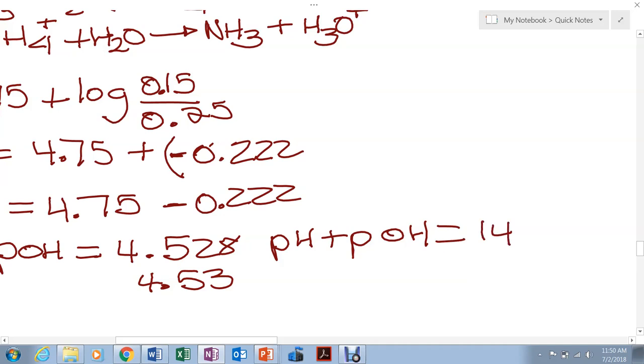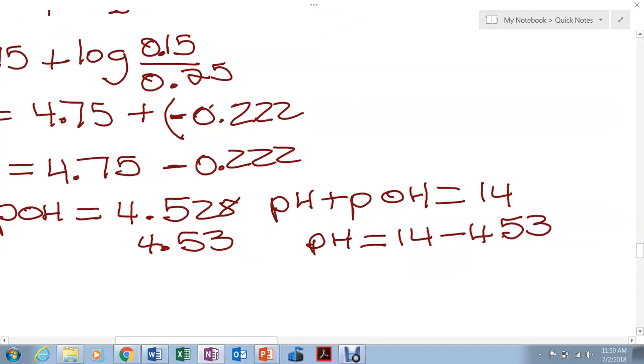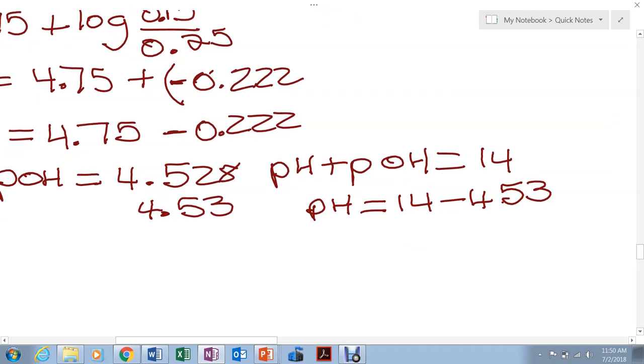So pH would be 14 minus 4.53. So pH would be 9.47. A base.